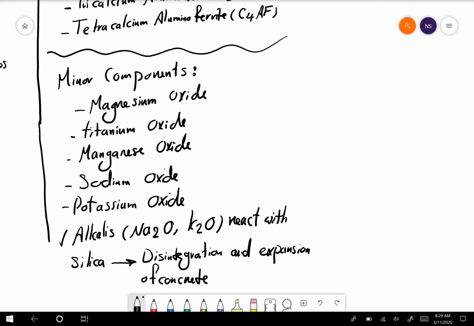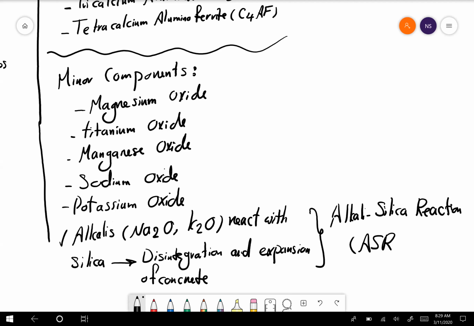And something to mention here, there's a famous phenomenon in concrete that is called alkali silica reaction, or ASR.